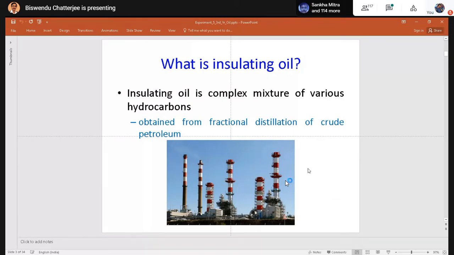But can you think, if this oil is used in transformers, then the whole transformer will explode within no time. So we are gathering from the same manufacturing process, but the properties entirely differ from one another.